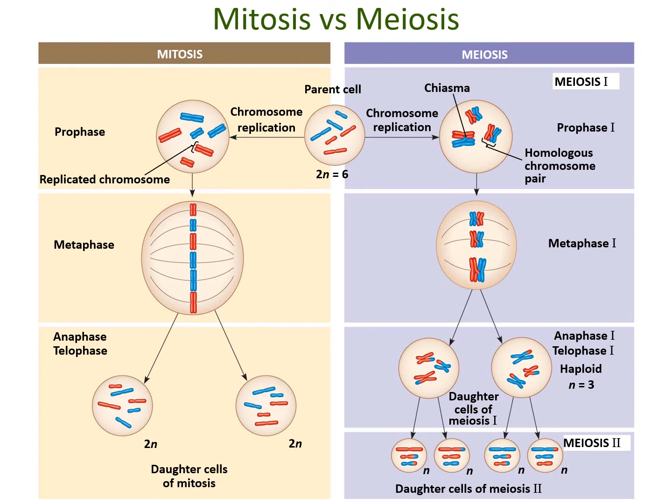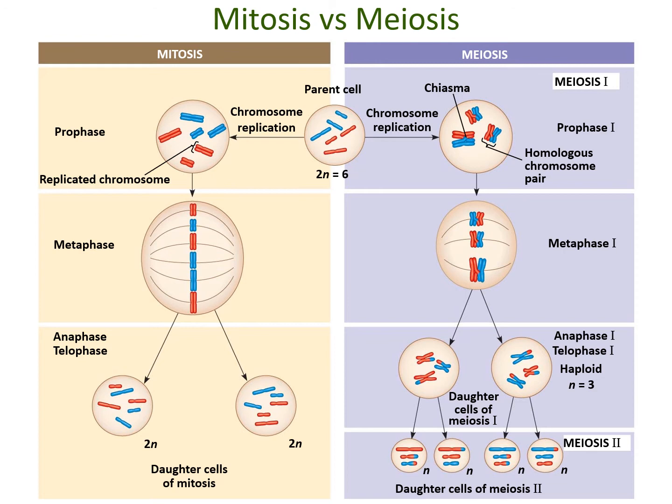That top middle cell is the parent cell. It could be a body cell, or it could be a germline cell, which is the cells found in the gonads that give rise to gametes. But this is a hypothetical cell with the condition 2n equals 6. The 2n tells us it's diploid. 6 is the number of chromosomes.